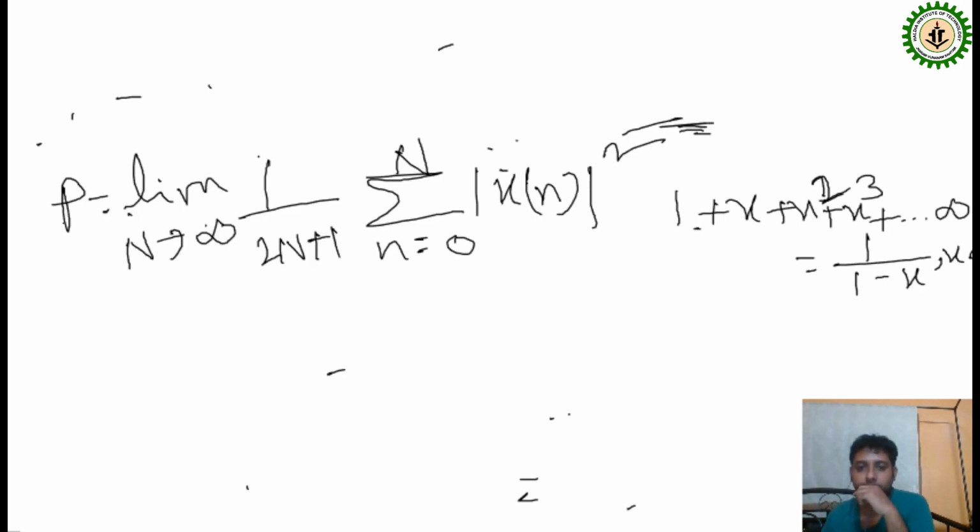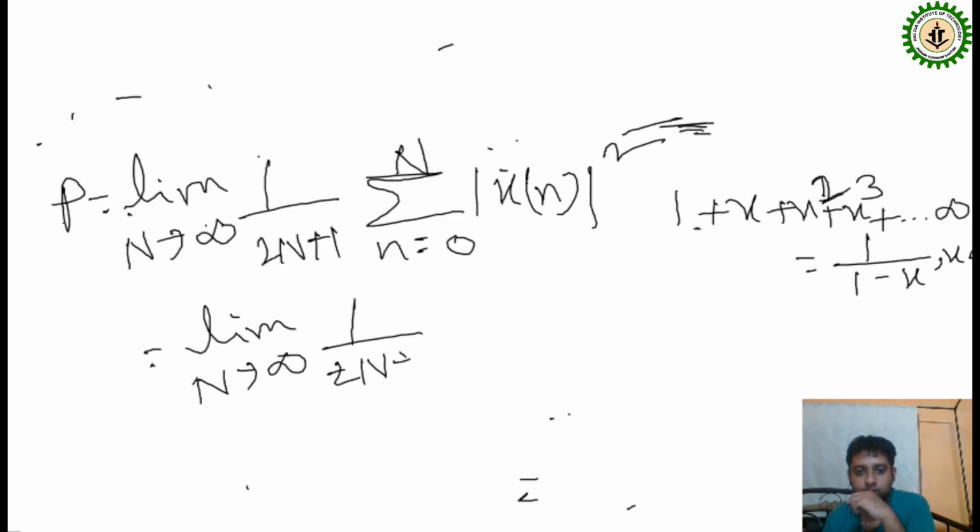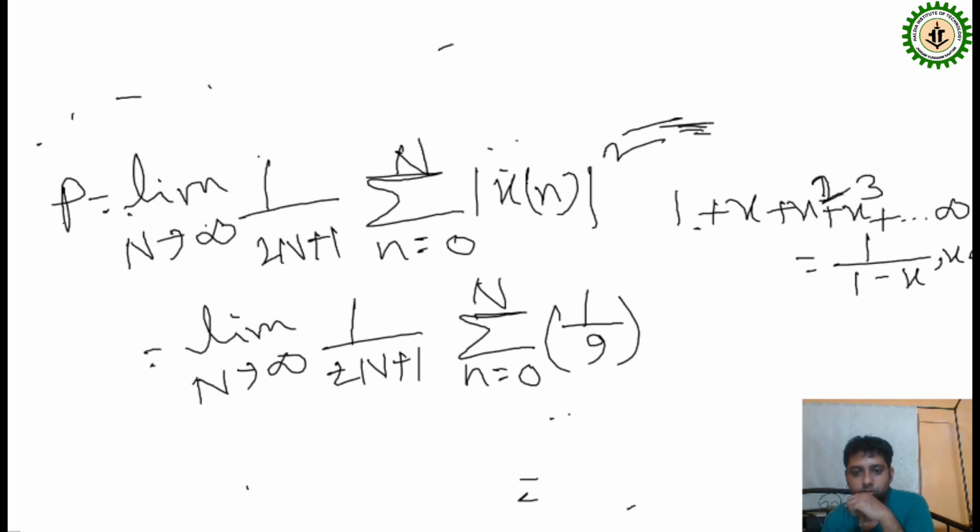So the summation limit has been changed to n equals 0 to N. After that if we put the x[n] value here, we will get limit N tends to infinity, summation n equals 0 to N of (1/9)^n.